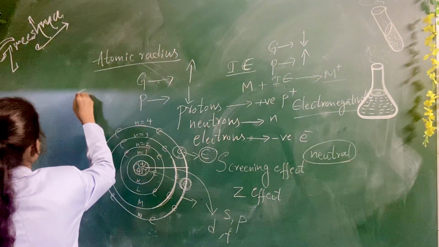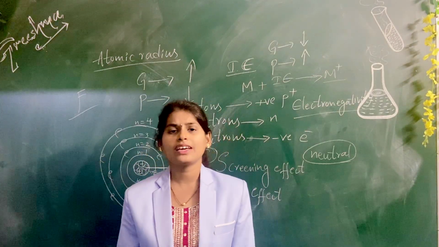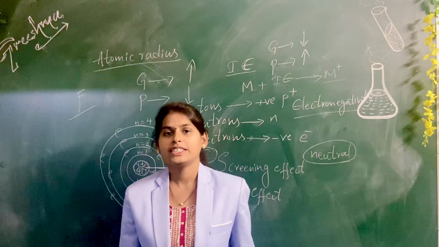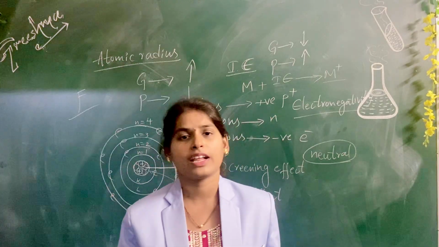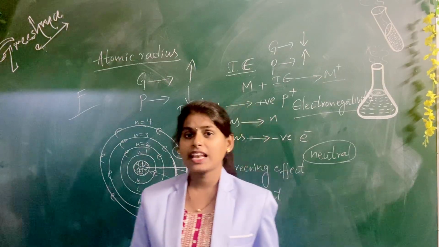Fluorine is the most electronegative element in the entire periodic table, because it has the maximum capacity of attracting the shared pair of electrons towards itself. That concept is called electronegativity.